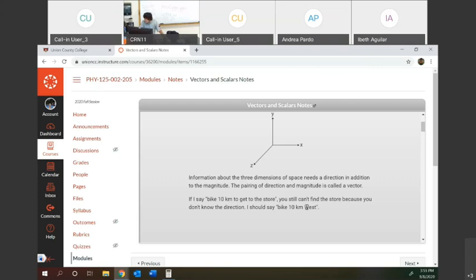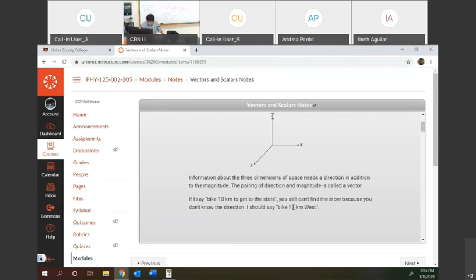The distance alone is vague. You know the distance is 10 kilometers, but to know where to find the store, you need to know the direction. That's where west comes into play. As soon as you add direction, this value changes from a scalar to a vector.